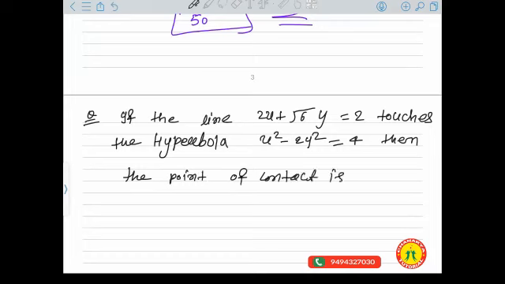It means कि किस पॉइंट पे टेंजेंट ड्रॉ किए गए हो. Find out the point of contact.